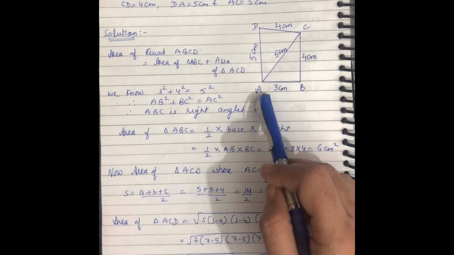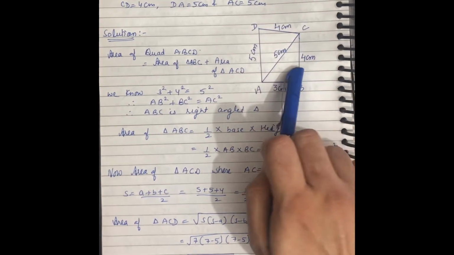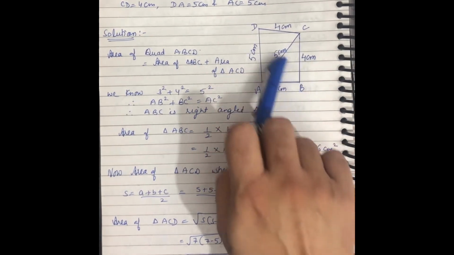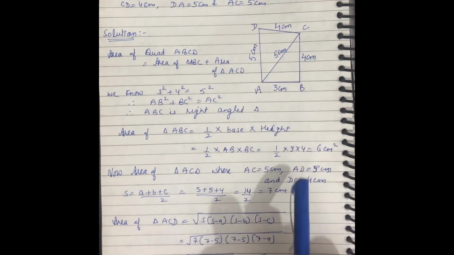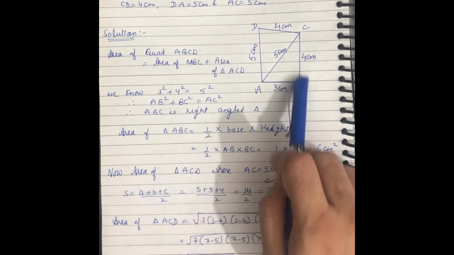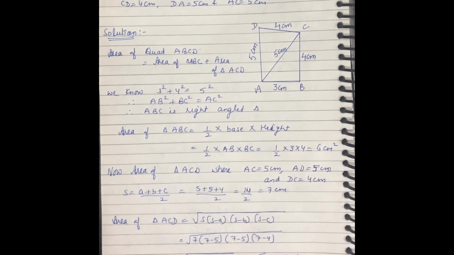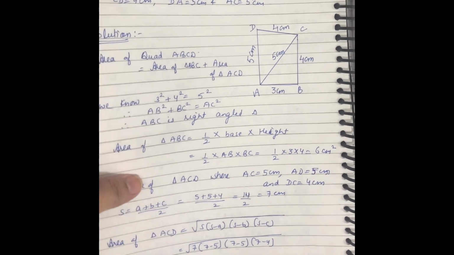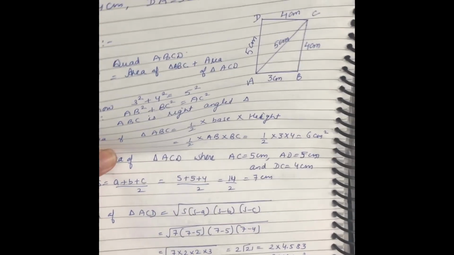Area of the quadrilateral ABCD will be area of this one and area of this one. We'll add both the areas. Area of ABC is 6, area of ACD is 9.2. After addition, 6 plus 9.2 is equal to 15.2.